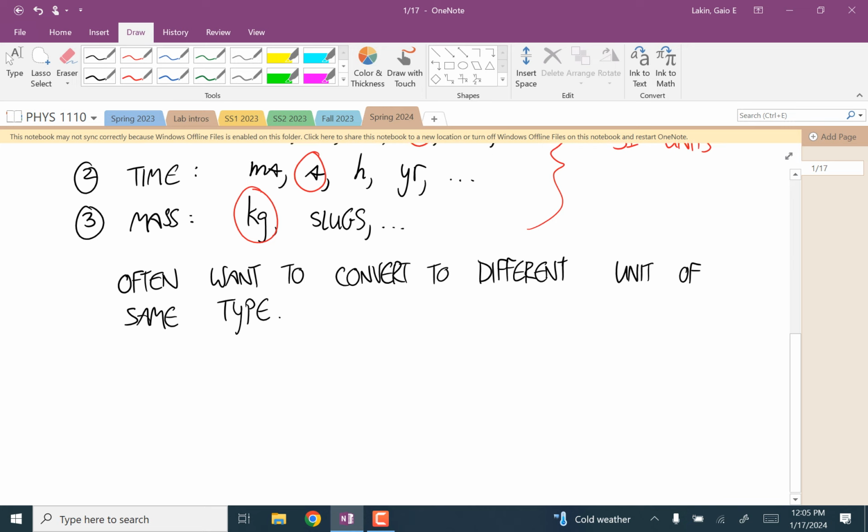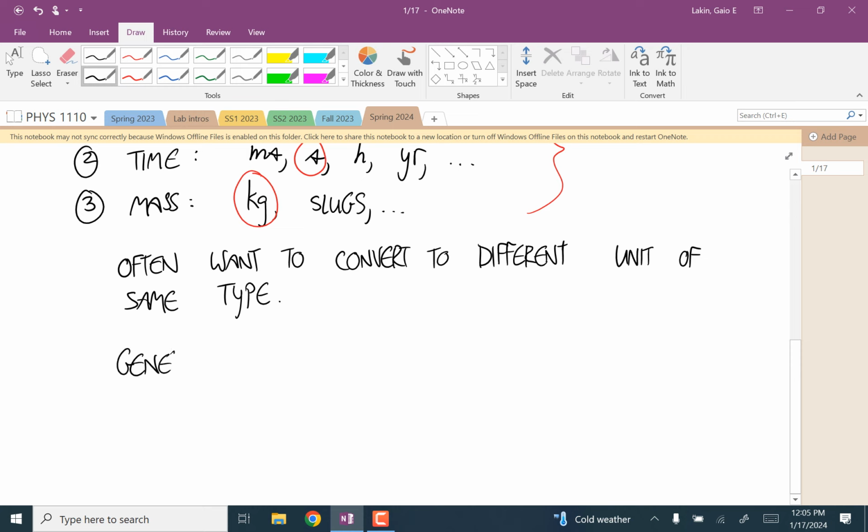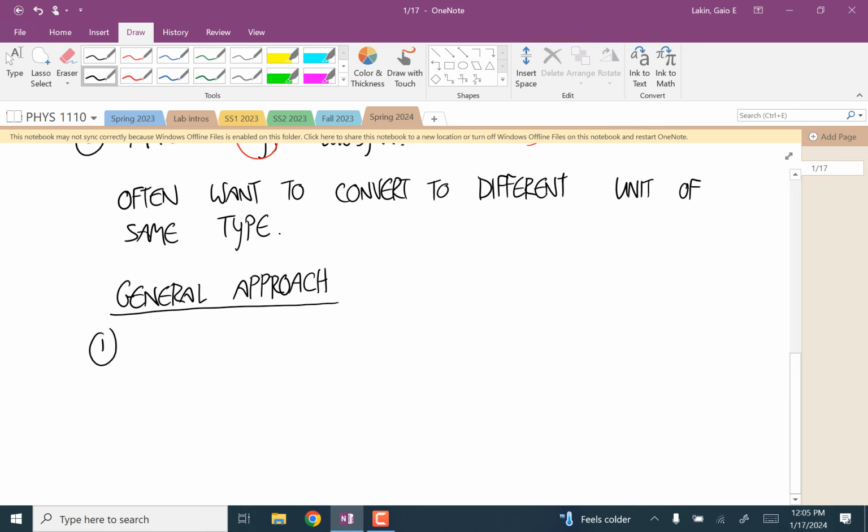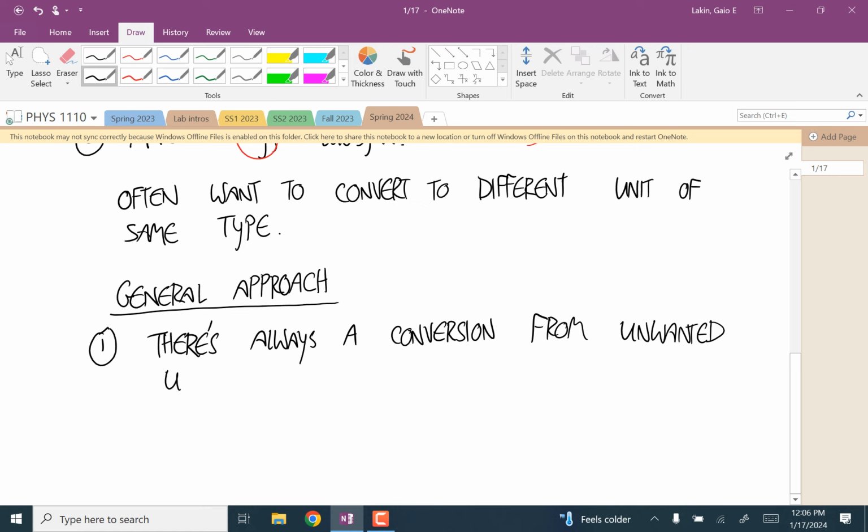Okay, so here's the general approach for unit conversions. The first thing that you need to have in mind is there is always a conversion from the unwanted units that you're given to the desired units.